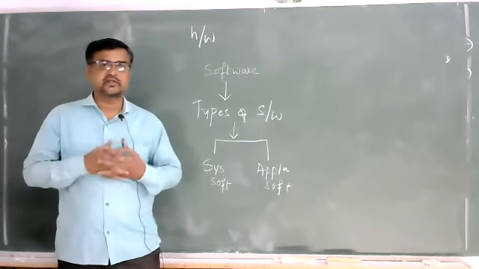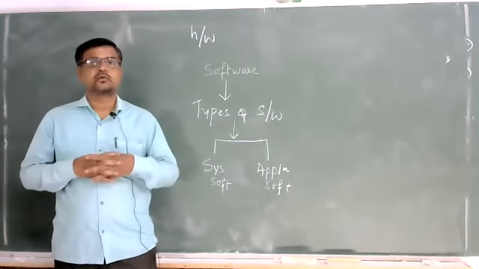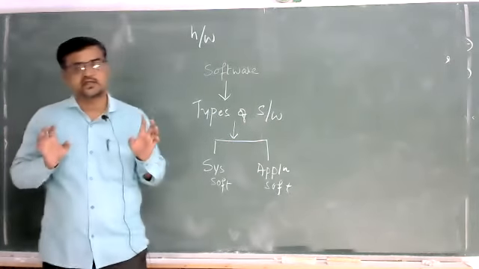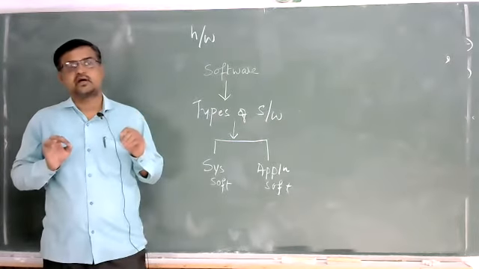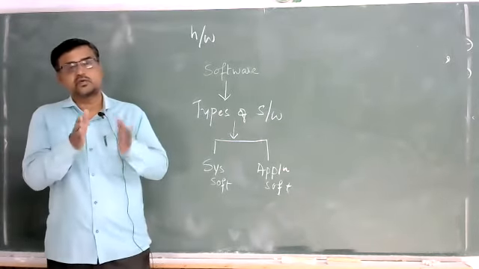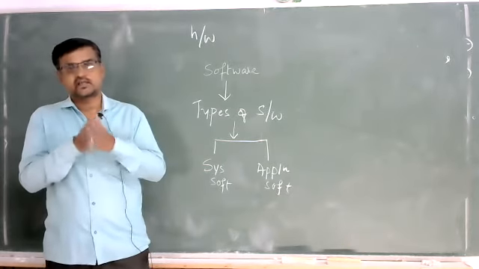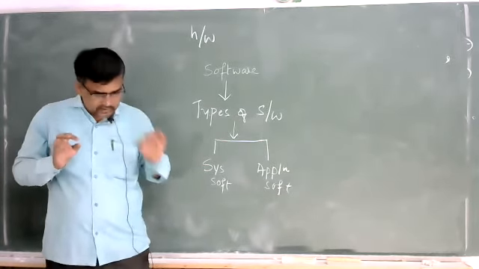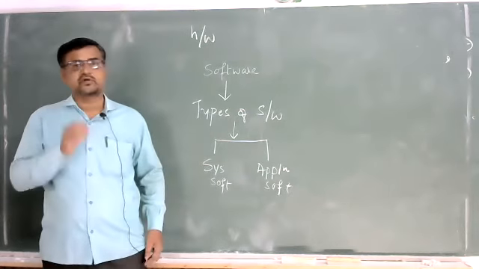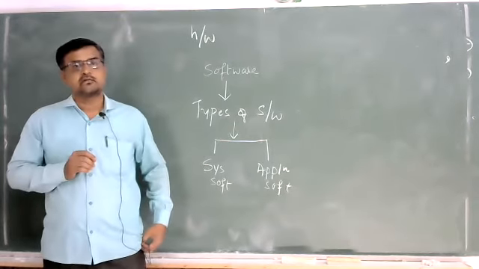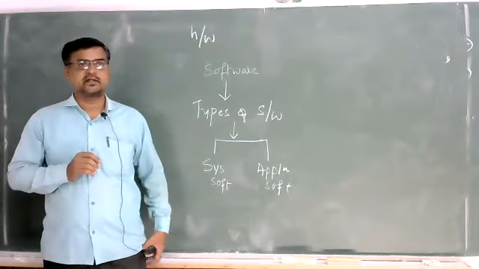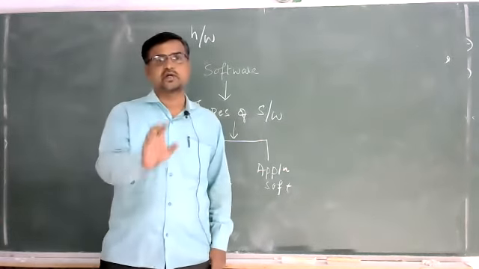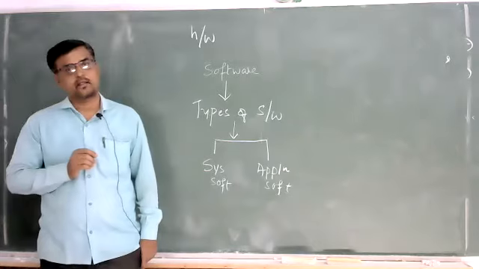My intention is I have to give my input to the system and take output. That's it. I am going to ask the computer to do something, and it will do that task for me. So with application software, the user can just give his input and take output according to his requirement. That's it.